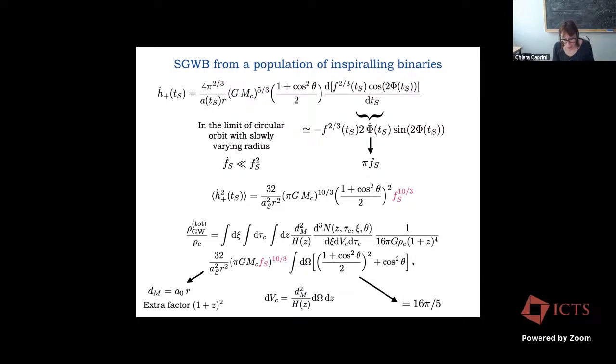And one can demonstrate that this enhanced scalar perturbation produces at second order a gravitational wave signal that can be detected. So if we detect a gravitational wave background coming from enhanced second order scalars, then we know that most probably there is an associated population of primordial black holes.